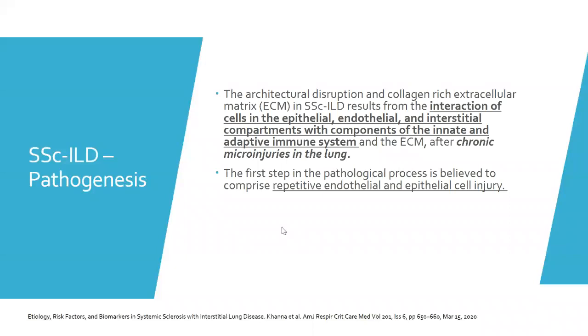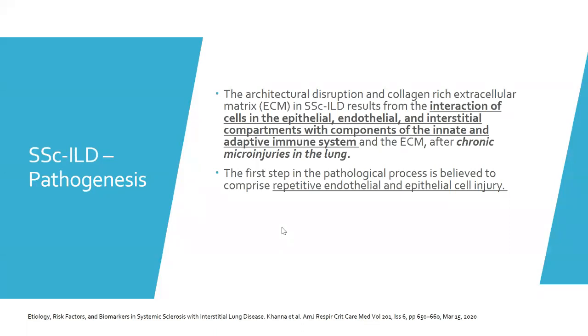The pathophysiology is similar to what we discussed before. If you remember, it was mainly the vascular insult initially and then going on to have fibrosis. But here, what we see mainly is architectural disruption and the accumulation of collagen-rich tissue within the extracellular matrix. And this involves an interplay between the epithelial, endothelial cells and interstitial compartments.